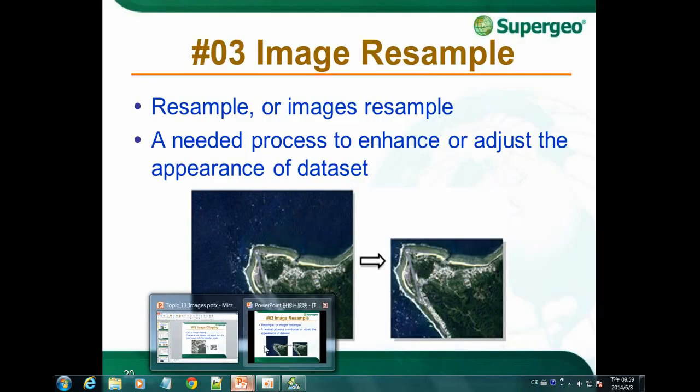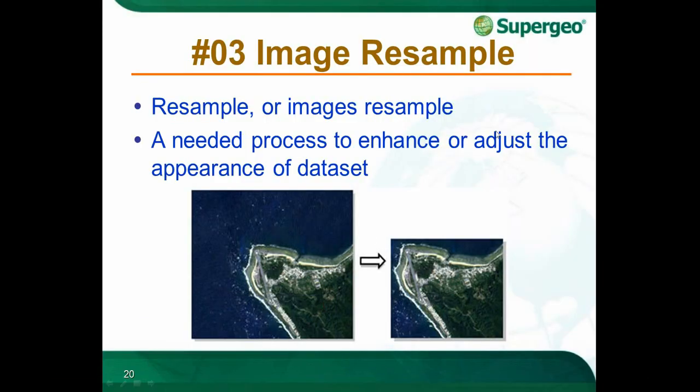Okay, so now we're going to head back to the site. In the third part, what we're going to demonstrate is the image resample. Image resample is a very needed process to enhance or adjust the appearance of the dataset within the image.